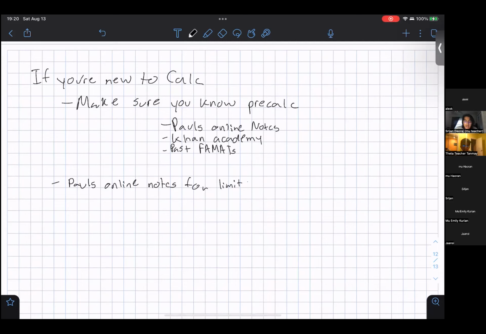I kind of rushed through a lot of the different ways you can solve limits, and he will give you a really good in-depth look at how to solve these limits. And you can click on practice problems at the top, and he'll give you like 4 to 5 different practice problems, and he'll give you solutions for those. And so those will really help you solidify and understand how you can solve limits.